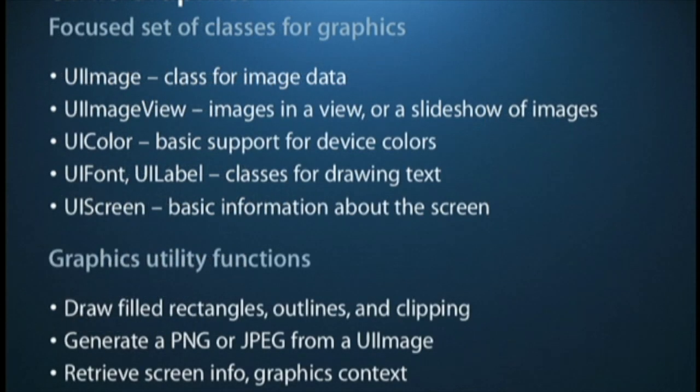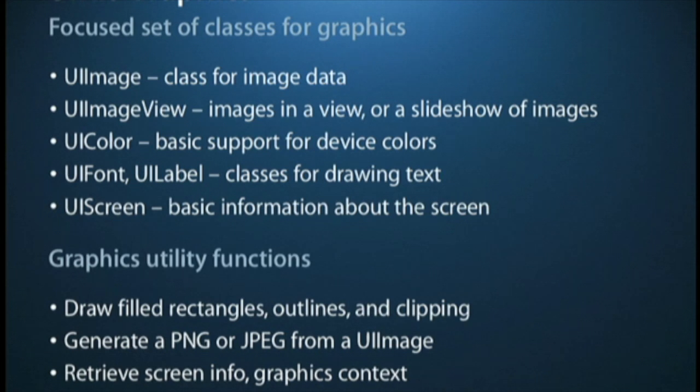Now let's look at a few of the classes you'll use for graphics in UIKit. The UIImage is for manipulating image data. You use this class to load images or create new ones and draw them into a view. There's also a UIImageView class, which is very simple. It puts an image on your interface, or you can set it up to animate a slideshow of images. UIColor holds an RGB color. Fonts and labels are used to put text on your interface.